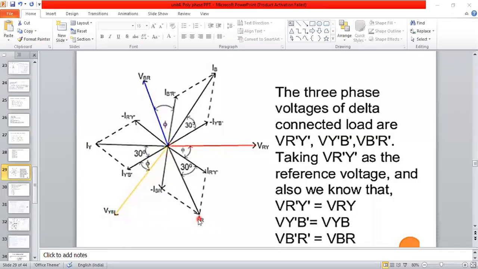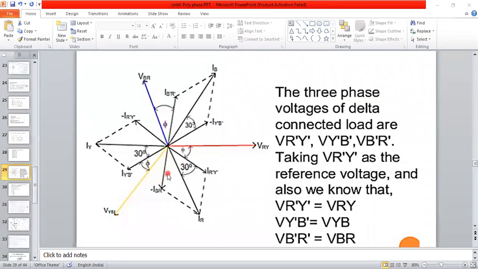So IR equals square root of IR'Y' square plus IB'R' square plus, with this multiplication also we have to add, 2 IB'R' IR'Y' into cos 30 plus 30, which is cos 60.